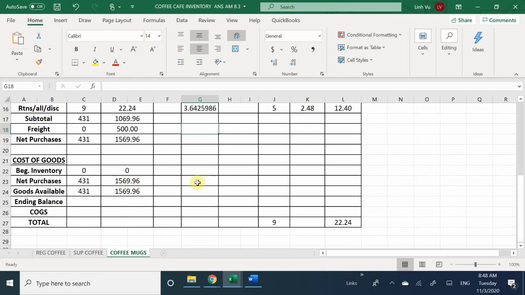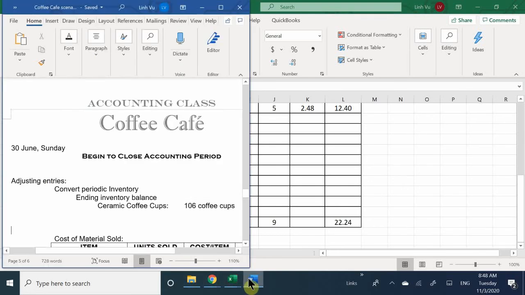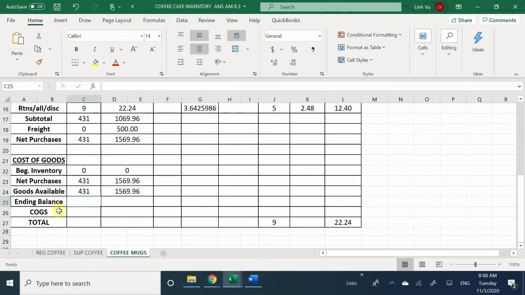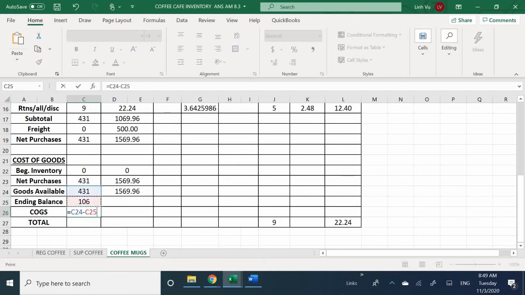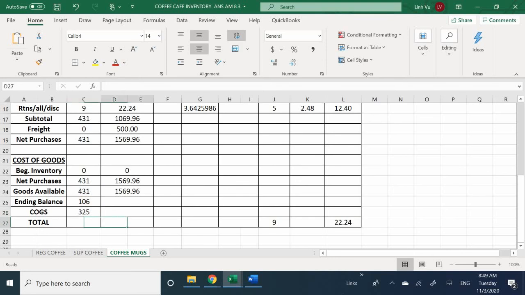Okay, good. Now, what was our ending balance in our inventory again? 106. So how much did we actually sell? 325. Okay, so this is where you have the choice.